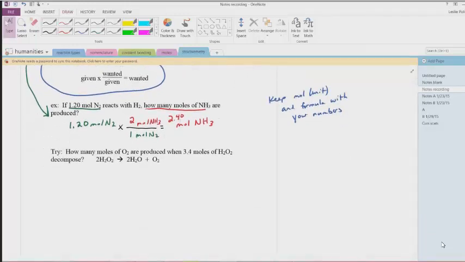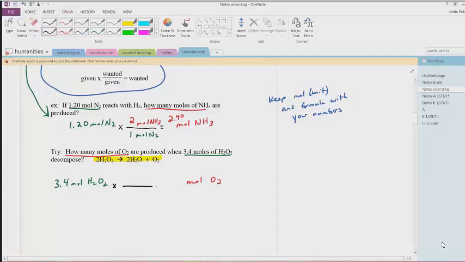So here's another problem. Different equation. Given 3.4 moles H2O2, how many moles of O2? So that's what we're looking for.